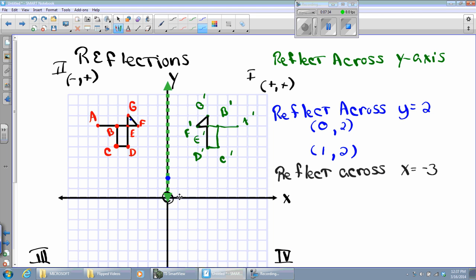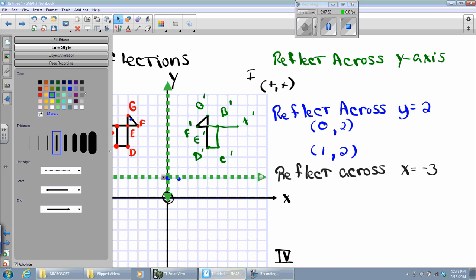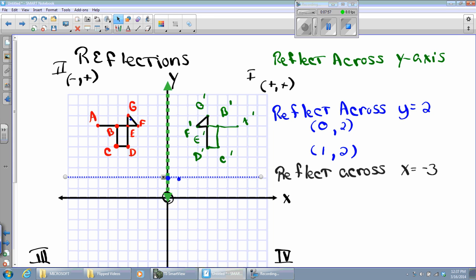And then I'm going to go 1, 2 right there. And I'm going to do the original shape, the one in red. So my mirror this time is this way. And I'm going to make it blue so that you can tell which one I'm on, so I don't get confused. Okay. So there is my mirror.